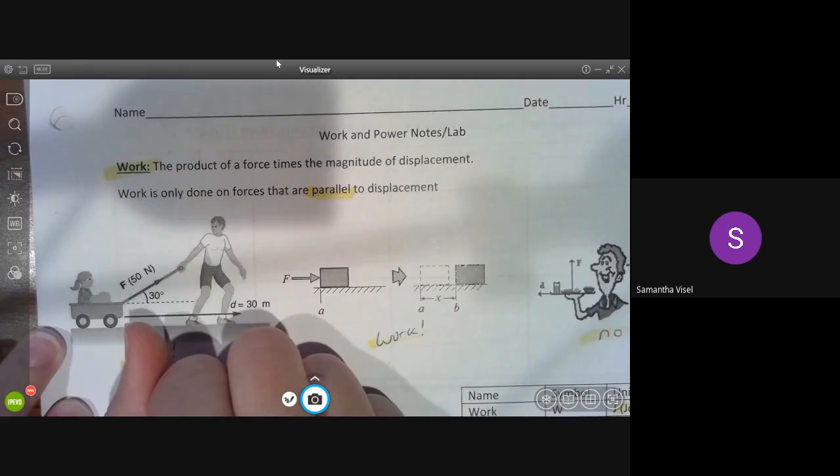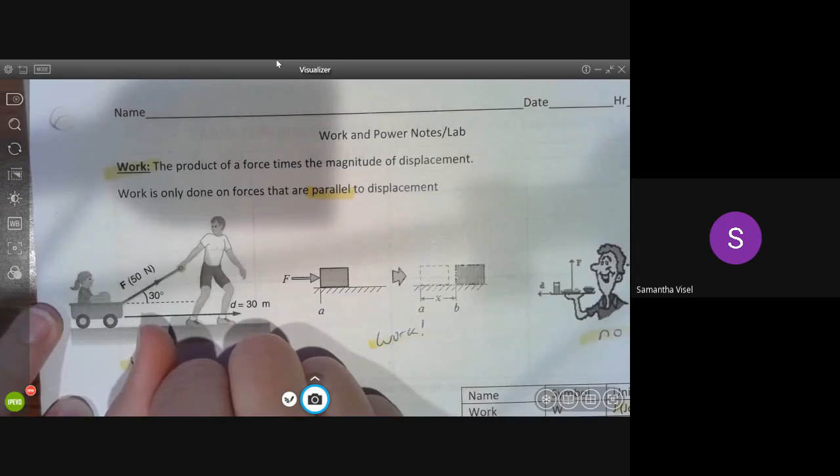So the entire force needs to be parallel, in the same direction, same line as the displacement. So how that force causes something to move, or a component, a portion of it. So work can be done at an angle, but only a portion of that work is completed, the part that's completely parallel to the displacement.